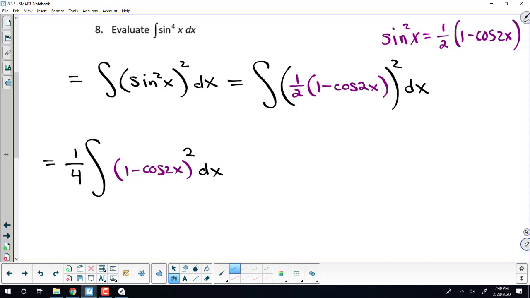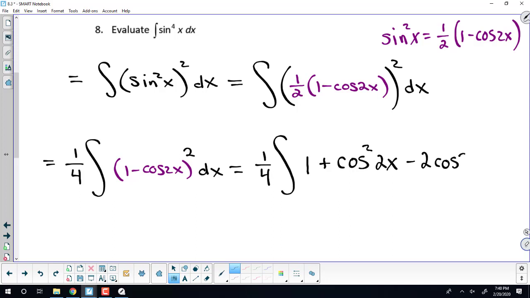So then you want to expand that. Expand all of that stuff and get all of this stuff.